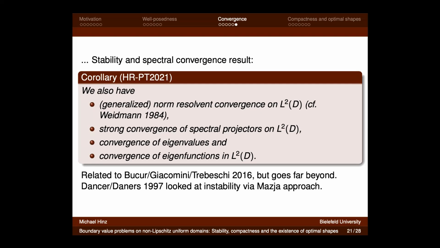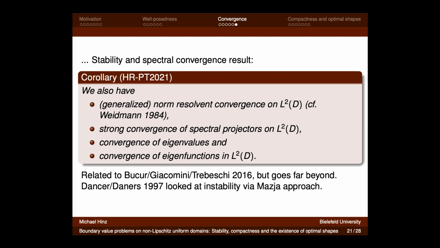I would say we do something that is somehow related. There's also some completely other approach to stability of solutions to boundary value problems on domains using an old approach by Maz'ya, where tracing is organized completely differently. And this was investigated quite a lot by Dancer, Daners, and other people.